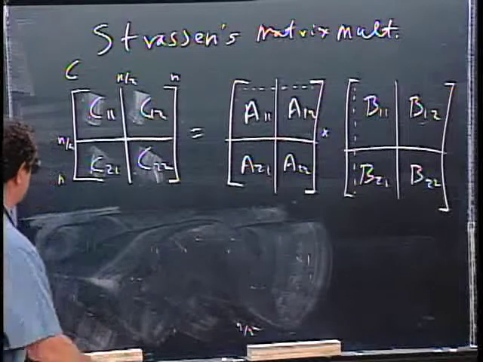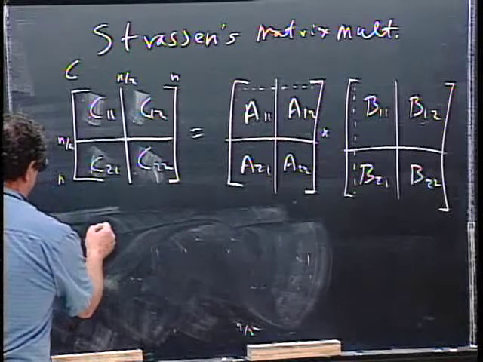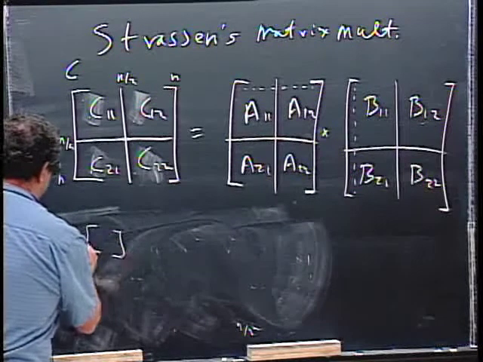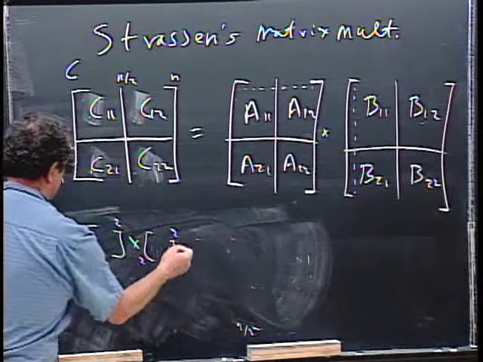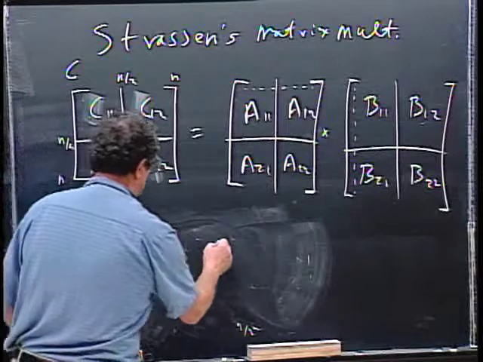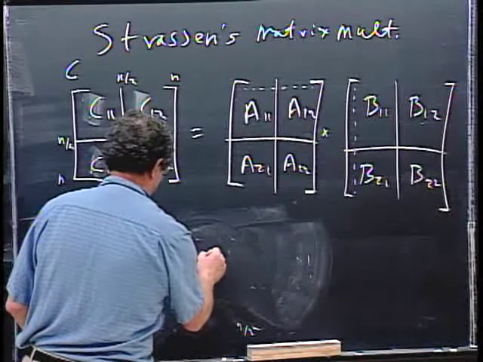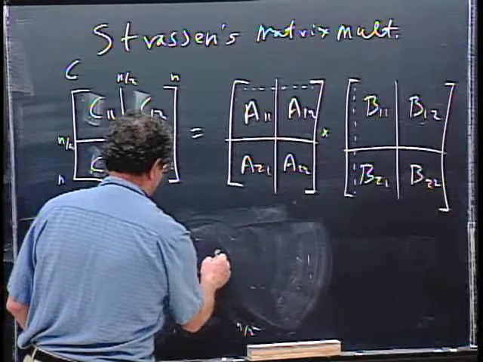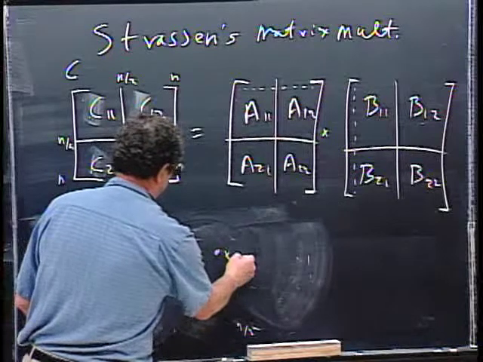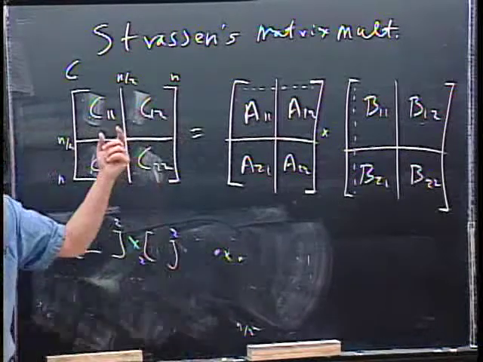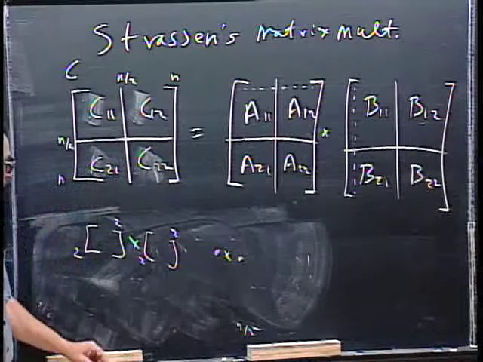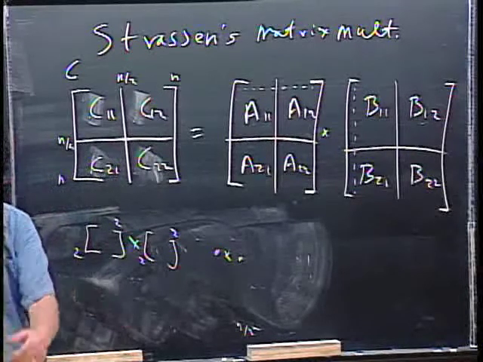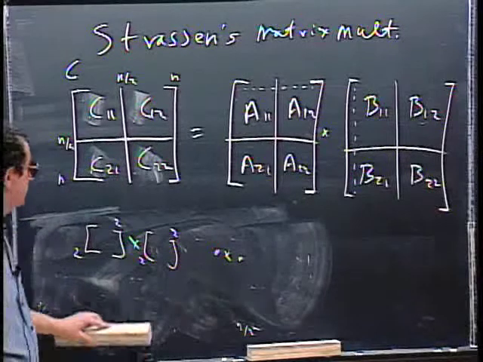Ultimately, we get down to a 2 by 2 times 2 by 2, or you could think of it as a 1 by 1, which is just a single number, times a 1 by 1. Ultimately, we get down to individual scalar numbers in the recursive divisions.